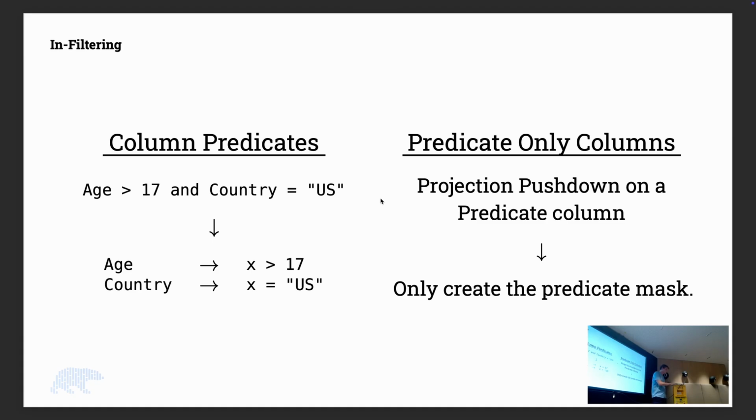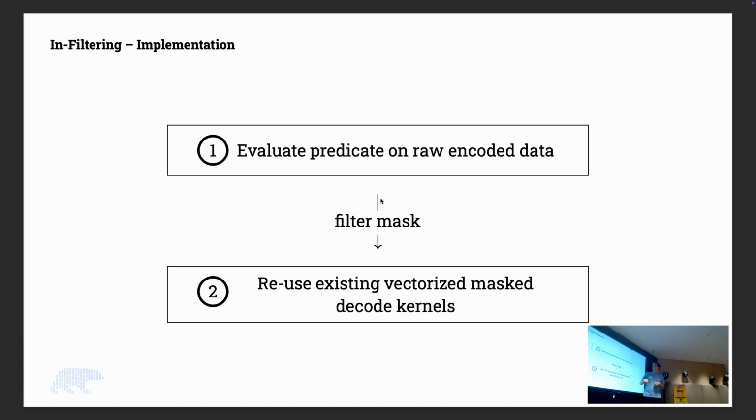So what we're going to do is have this strategy where instead of loading the whole data into memory first, we are going to evaluate the predicate on the raw encoded Parquet data, which will be a bit complex, but it might save us a lot, right? Then we get a mask out of it, and then we're going to reuse our existing kernels that we wrote for this pre-filtering pass, and we have hopefully a very optimized thing, right?